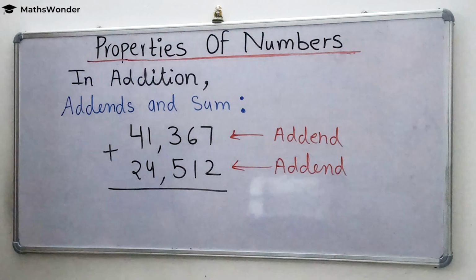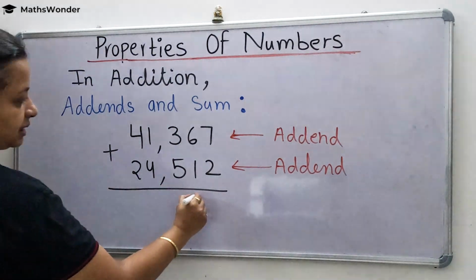But when we get the result of the addends, then we call it a sum. So what is the addition of this?